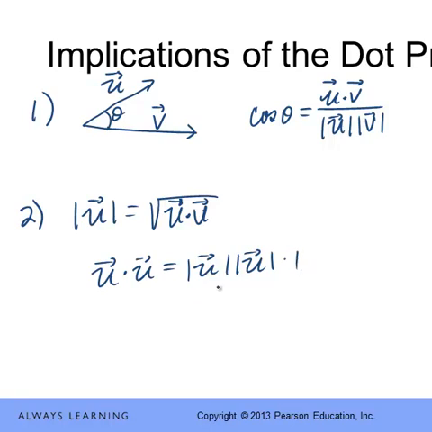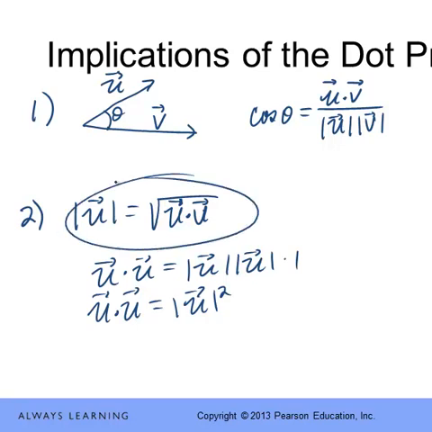That means that u dot u is the square of the magnitude of u. So take square roots of both sides. This gives you an alternate way of finding the magnitude of a vector: just dot the vector with itself and take the square root. Okay.